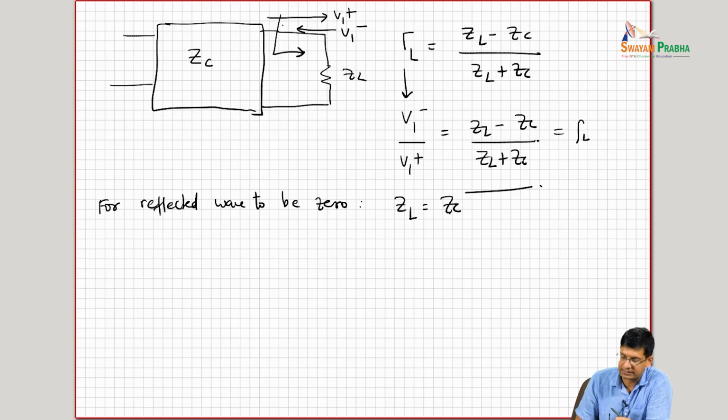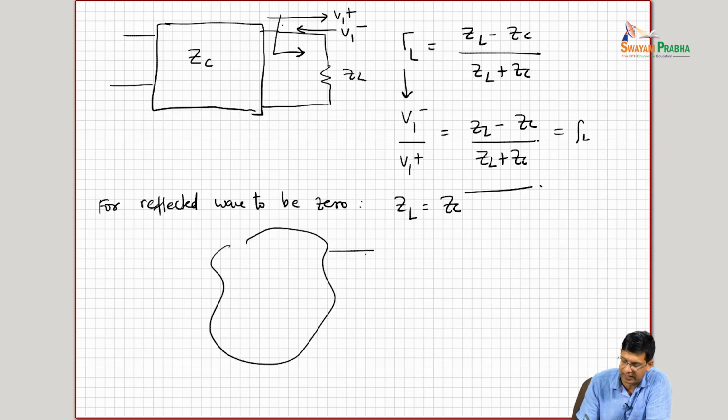So what this is basically saying is that in the context of that measurement, if I think about port 2, I am defining in port 2, remember, V2 plus this way and V2 minus this way. What I'm saying is that if I terminate this port in an impedance that is exactly ZC, right?